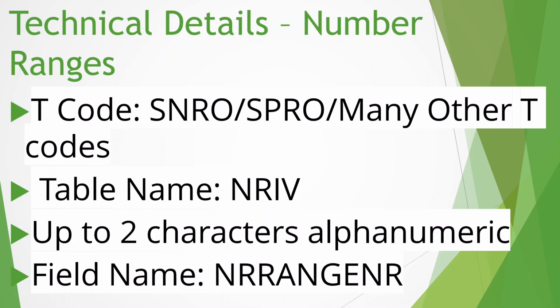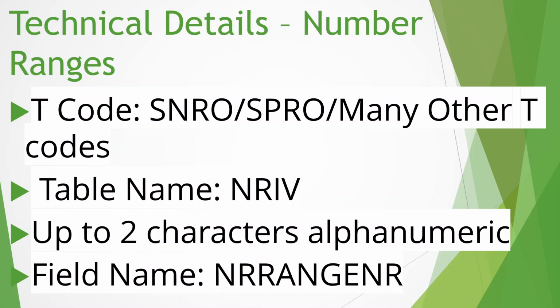The important table for the number ranges is NRIV, and number ranges are denoted by two character numeric, alphanumeric, or it can go alpha also. So all the three options you have.